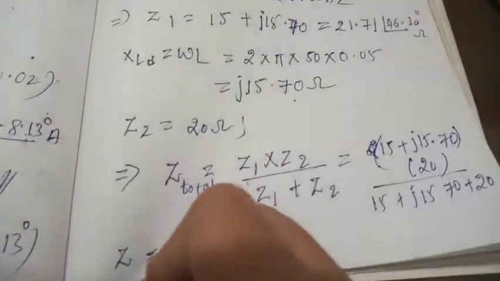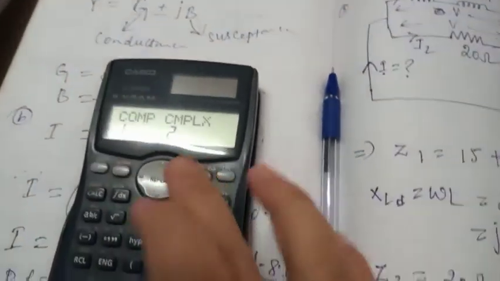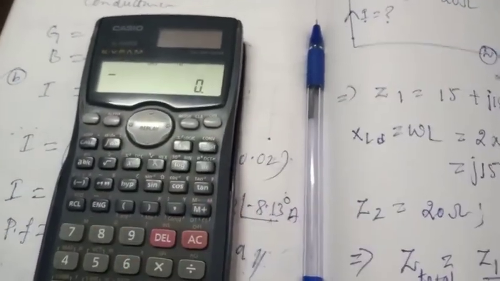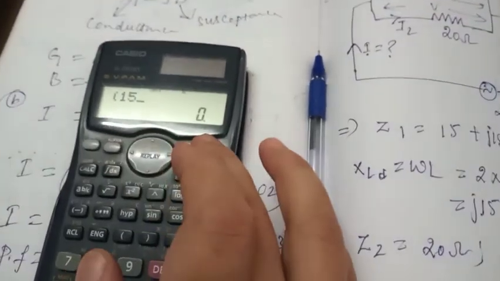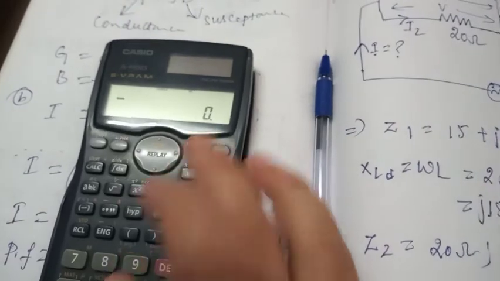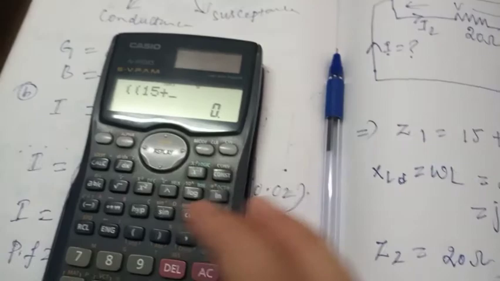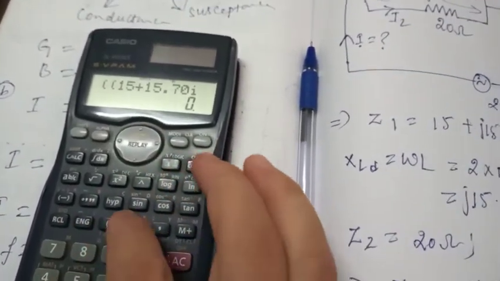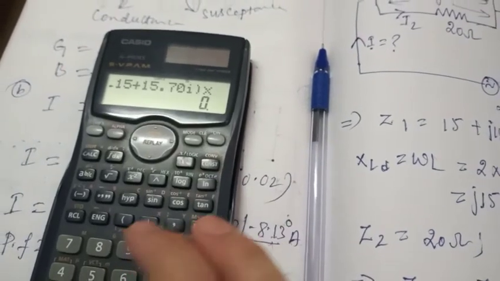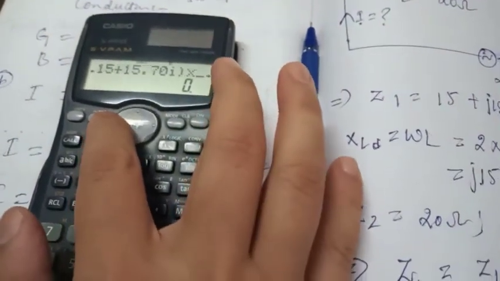So Z total is equal to, you have to use the calculator in complex mode. Go to complex mode. Next, Z1 is equal to 15 plus j15.70, open the bracket, into 20, close the bracket.